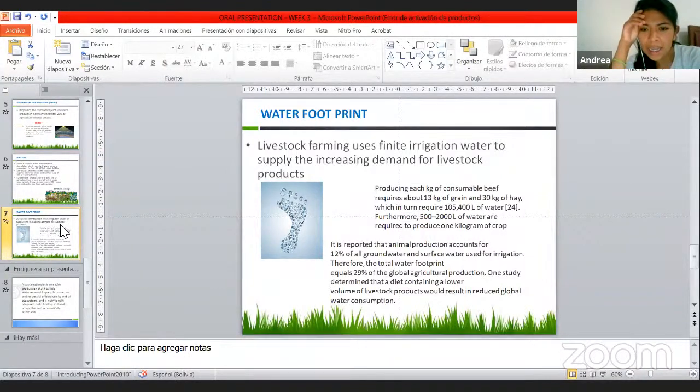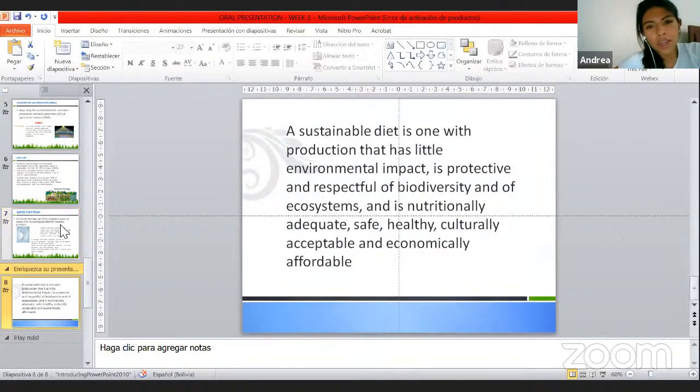And one study determined that a diet containing a lower volume of livestock products will result in reduced global water consumption. So, as I said at the beginning, I choose the omnivorous diet as the best option, but with the recommendation to reduce meat consumption.